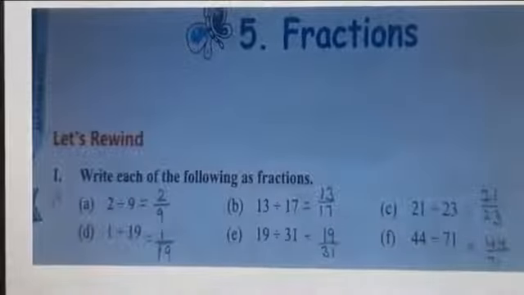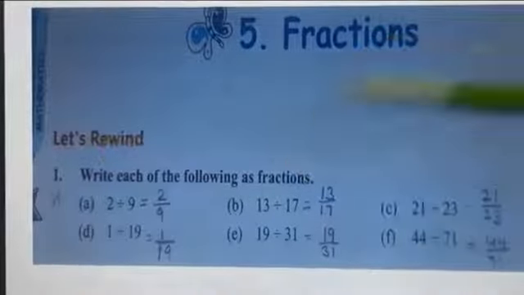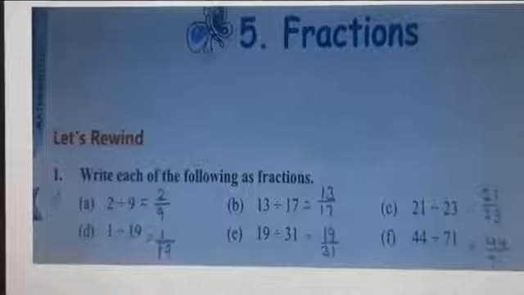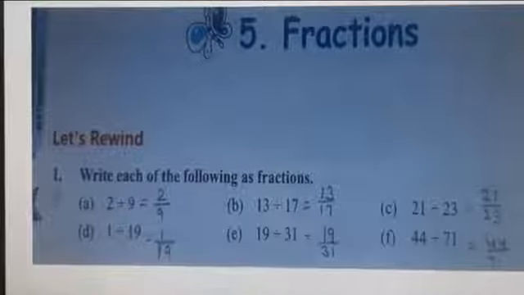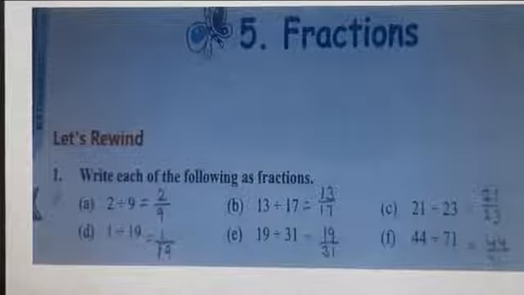Let's Rewind exercise. Our question number 1 is write each of the following as fractions. You have to write these in the form of fraction. A fraction is a part of the whole which is written in the form of numerator divided by denominator.